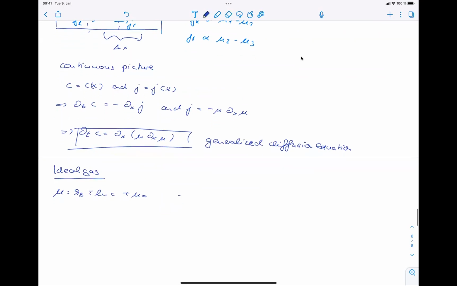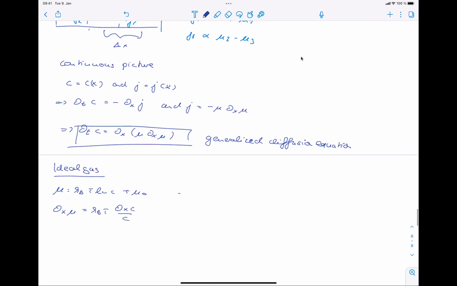And then taking the spatial derivative of the chemical potential, I arrive at kBT dx of C over C, right?